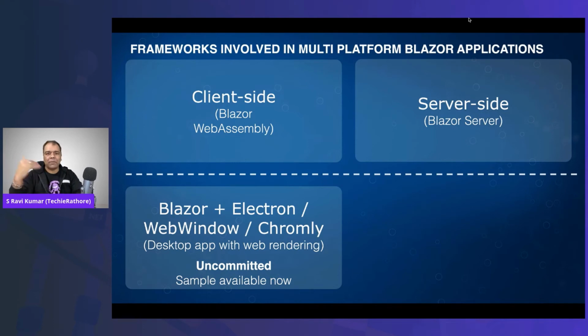Apart from that, the creator of Blazor, Steve Sanderson, has also created a framework called Web Window. Web Window is a framework which uses the native Chrome browser if it is installed on your local machine. So it doesn't ship the native Chrome browser along with the setup. It checks if the Chrome browser is available on your machine or not.